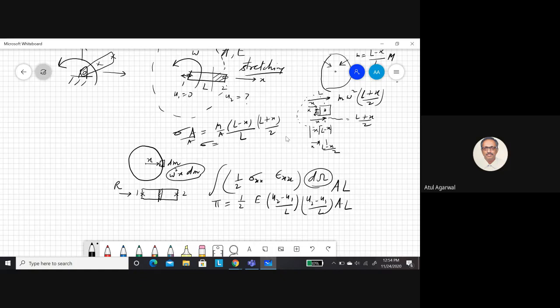So what are the forces on this element, Vijendra Prasad? One is the stress, internal stress, and otherwise the centripetal force. So there are internal stresses. Is there any other force except these stresses?